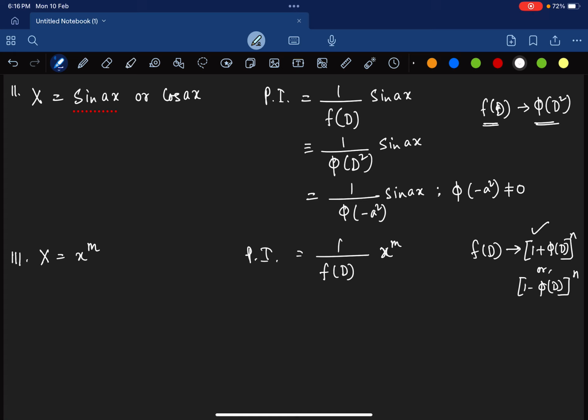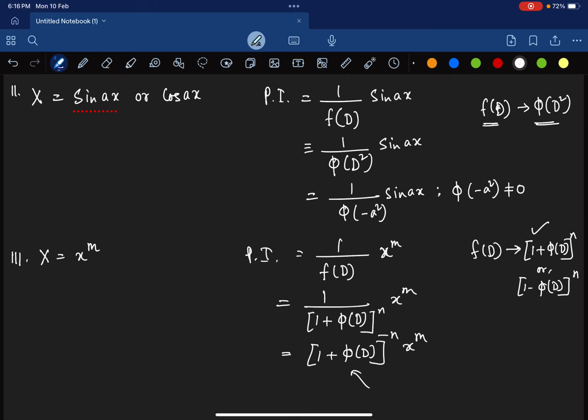Suppose I take this form: 1 by 1 plus phi of d whole power n, x power m. Immediately you can write it as 1 plus phi of d whole power minus n, x power m.